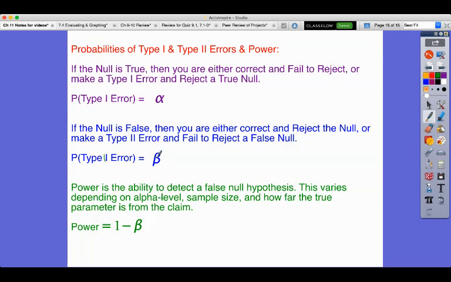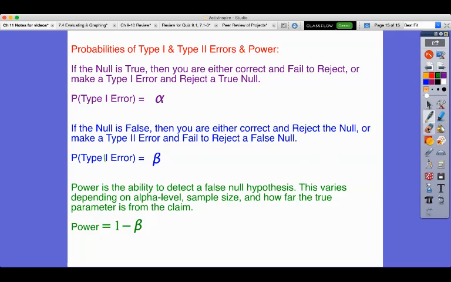But if I make an alpha of like 0.10 or 0.25, then I'll reject the false null all the time, okay? And so I won't make a type 2 error, I'll demonstrate power, okay? It's also sample size. A bigger sample size makes it easier to detect a false null, and how far the true parameter is from the claim.